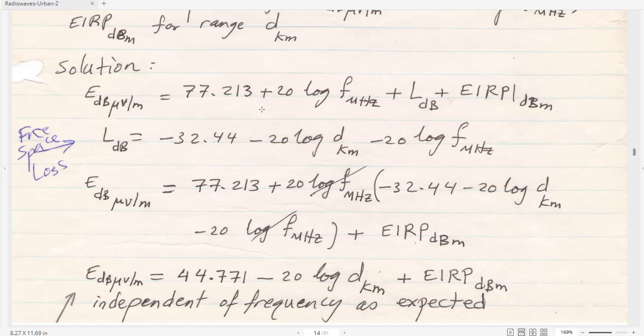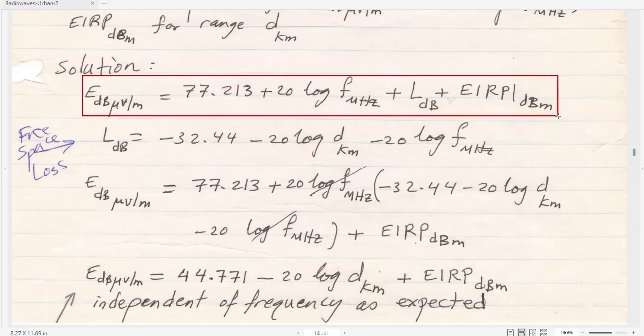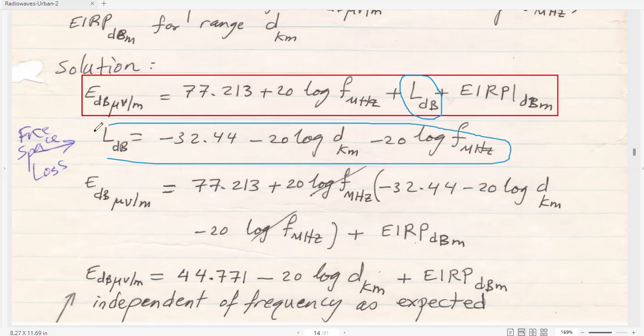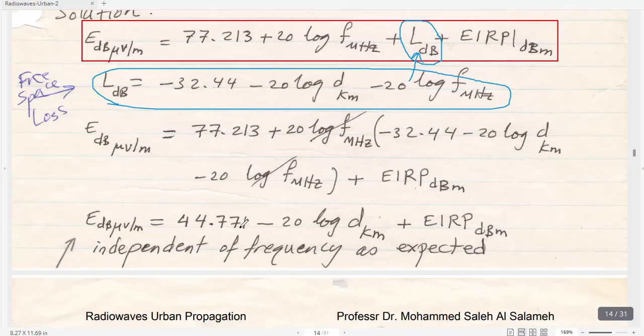We use the general formula because it applies to any medium, the general formula that we already derived a few minutes ago. In place of the loss, we put the free space loss here, and we simplify with very simple manipulations, and we obtain this equation.